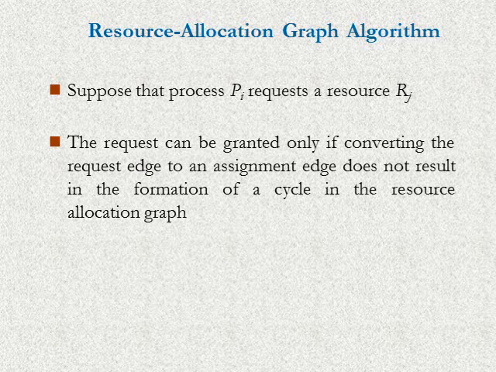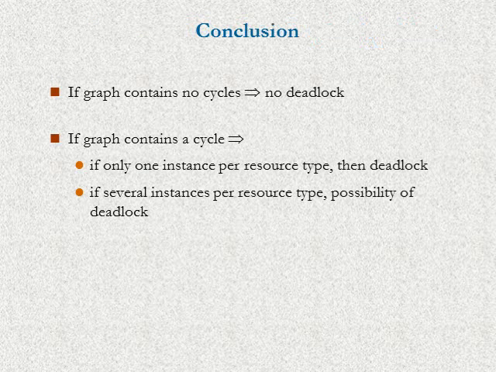To wrap up this whole discussion, if the resource allocation graph has no cycle, it reflects that there is no deadlock in the system, no matter whether we have single or multiple instances of resources.